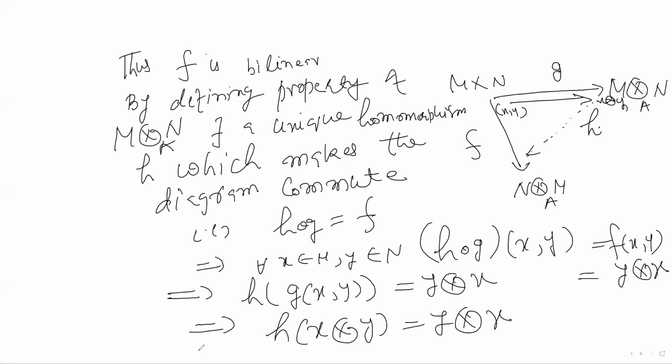Now what do you do here? You interchange the roles of N and M in this diagram. You get a similar homomorphism from here to here, but with the property that it would send any y tensor x to x tensor y.